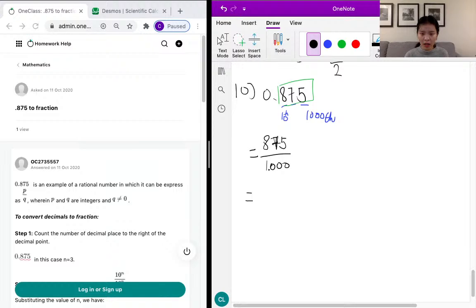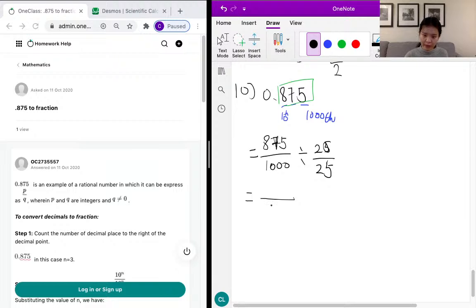The most obvious one would be 5, but another common factor of 875 and 1000 is 25. So you can divide both the top number and the bottom number by 25. You can also just do 5, but after you do 5, you'll have to do 5 again. So we can just directly do 25.